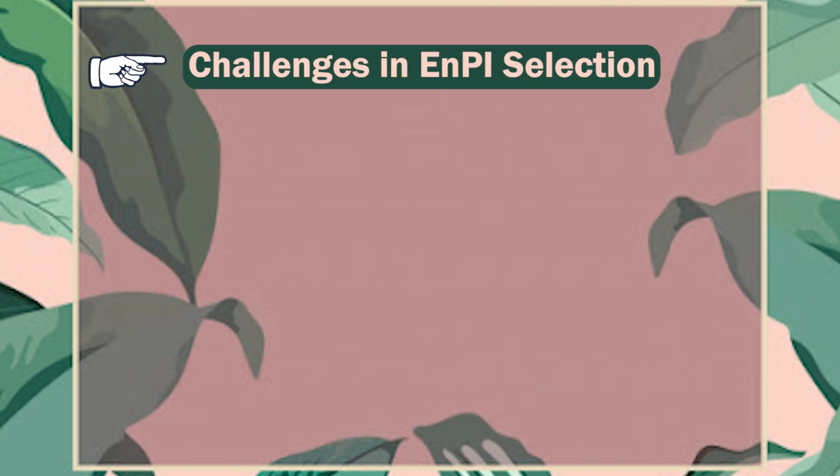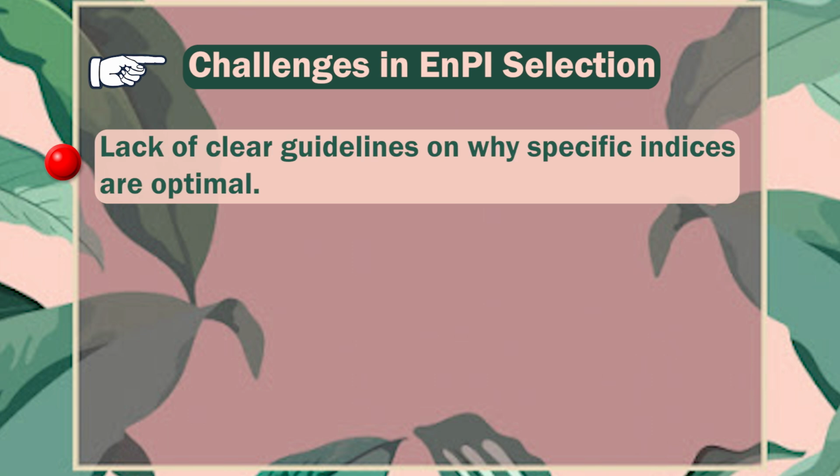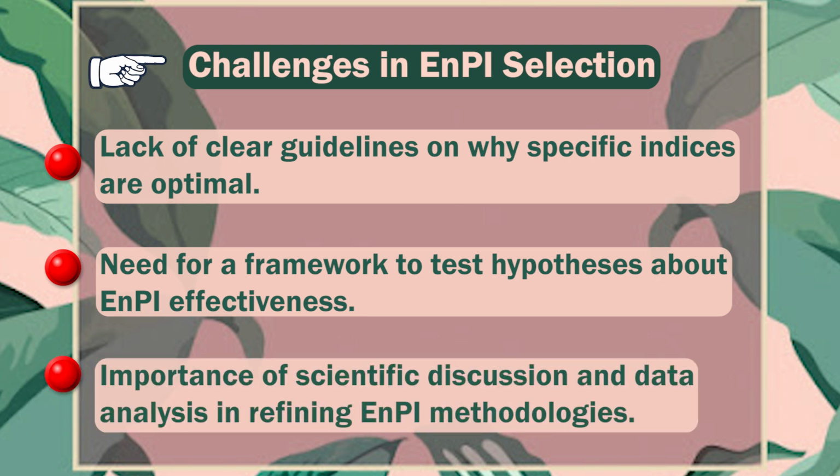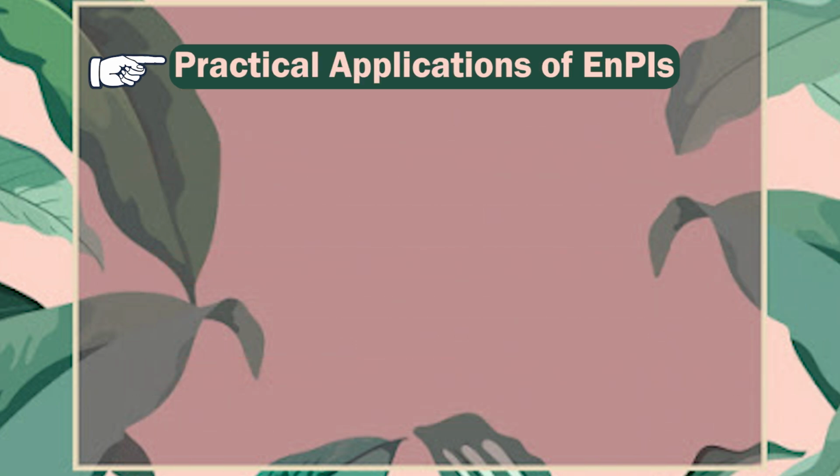Challenges in EnPI selection. Choosing the right EnPI is a challenging task due to the lack of clear guidelines on their optimal use. There is a need for a robust framework to test the effectiveness of various EnPIs scientifically. Ongoing discussion and data analysis are crucial for refining these metrics and improving their application. Practical application of EnPIs.